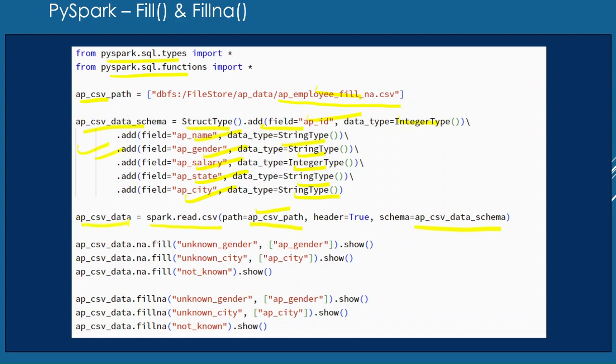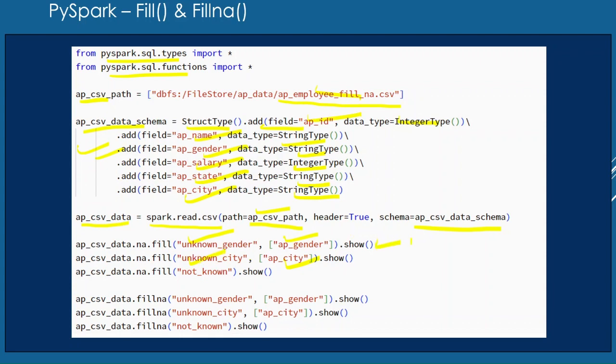Once this data frame gets created, we are going to fill with certain values. For instance, in the gender column, if any value is null or empty, it will be populated with unknown gender. In the AP city column, if any row has a null or empty value, it will be populated with unknown city.